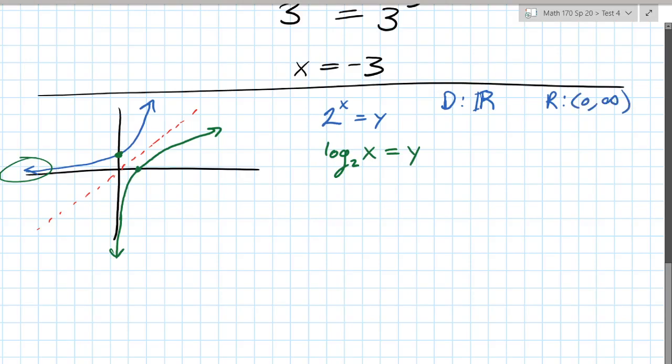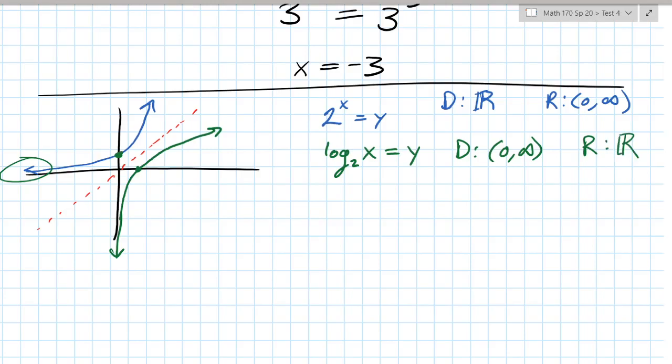So, looking at the graph, what can we say about the domain of the logarithmic equation? The x values we can use are from 0 to infinity, and the range is all real numbers from negative infinity to positive infinity. Notice, just like before, the domain and the range flip, because the way we get these values is we switch the role of x and y.